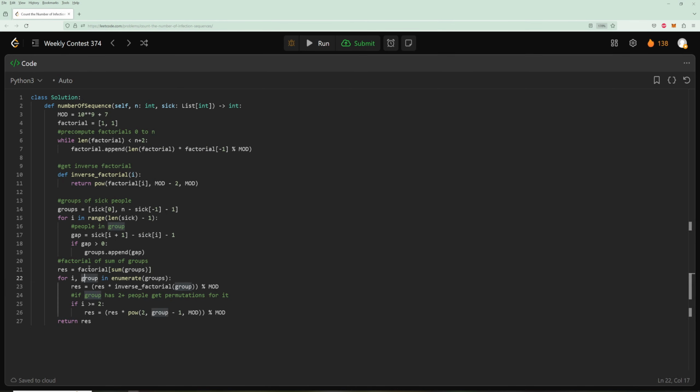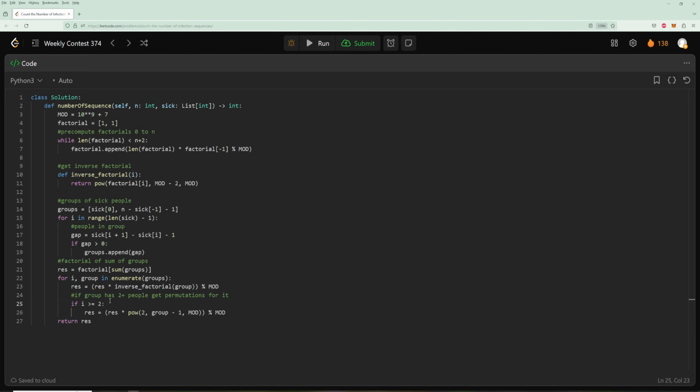So that's basically what we're doing here. First, we get the factorial of the entire number of healthy people. Then we go through each group, and we first need to figure out the inverse factorial for each of these groups. So we'll just take our old result and multiply it by the inverse factorial for each of these groups.